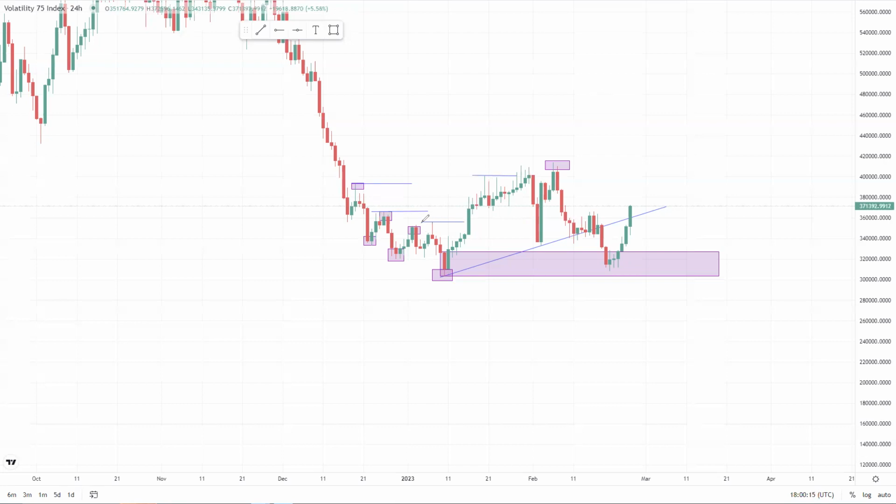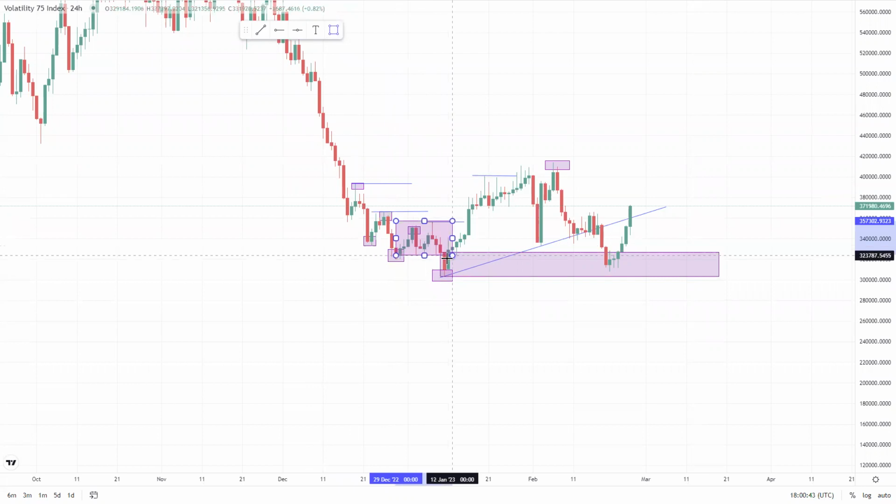Already, it has violated and broken the structures of the previous lower highs, all right? And these were lower lows, and the market was expected to drop by breaking this one in order to create a continuation in the trend. But unfortunately, the market pushed up by breaking the structures, all right? Also, there is a ranging structure here, which we can mark like this.